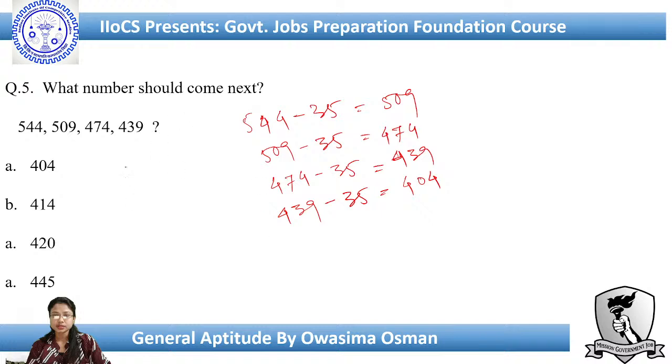So every digit is less by 35 than the previous digit. So our answer is option A, 404.